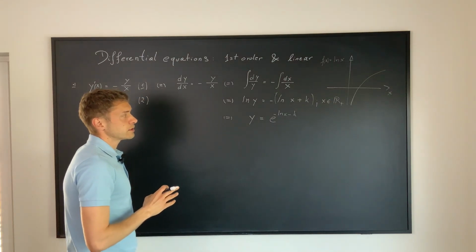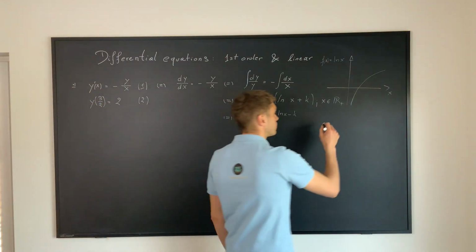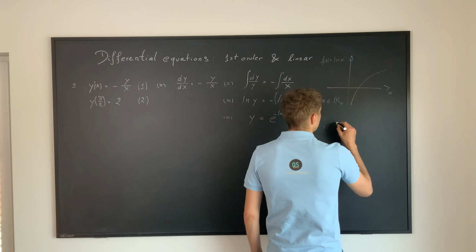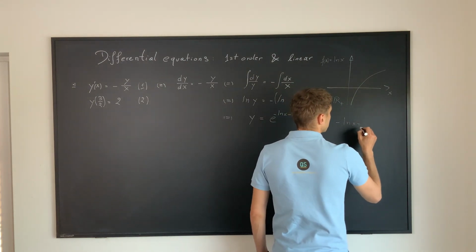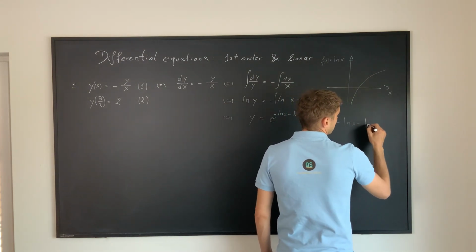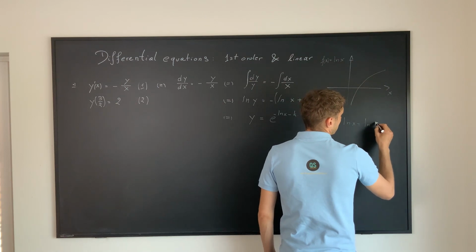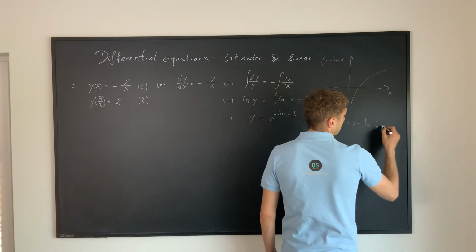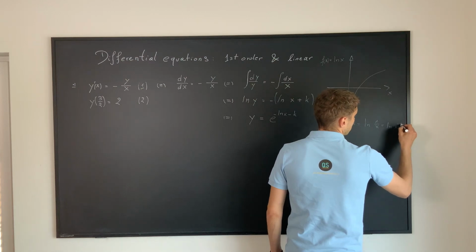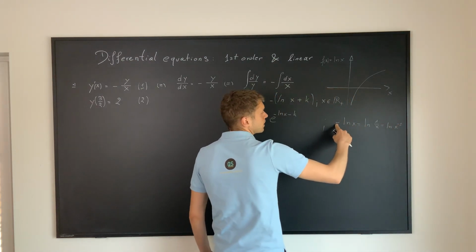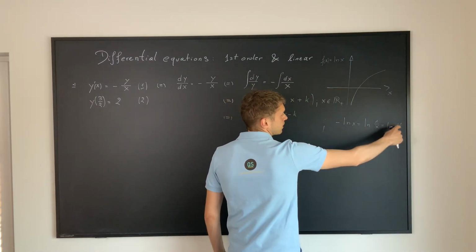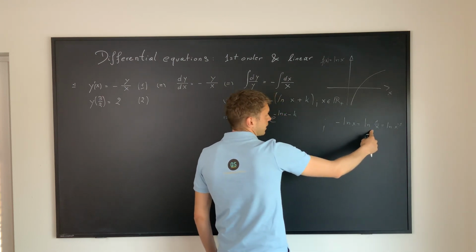Now there is another property where we know that minus ln x equals ln of 1 over x, or ln of x to the power minus 1. So the minus goes from here to here, which is equivalent to this expression.